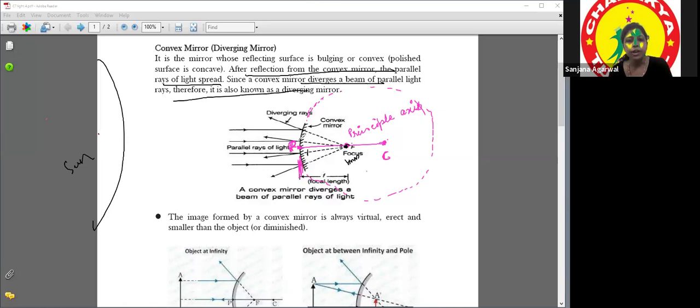Whenever you need a wider view with small images, meaning a zoomed-in image doesn't matter, you just need a wider image, like on vehicles, in cars and two-wheelers. When we want a wider view of our backside, to see how many vehicles are passing by, there we use the convex mirror. They have a greater use as a rear view mirror.